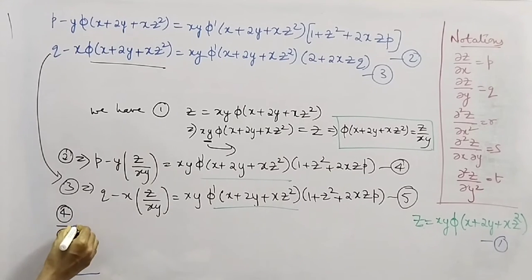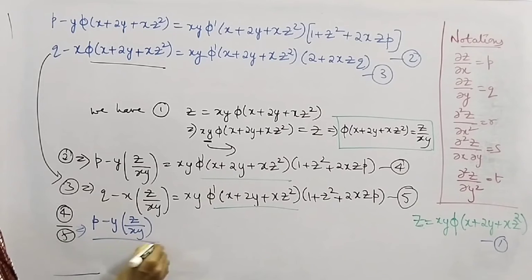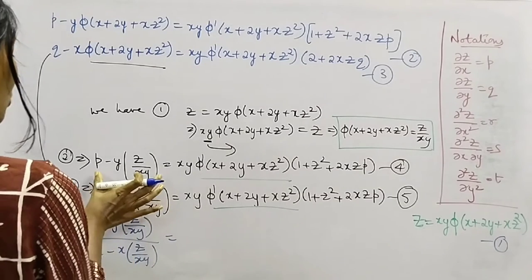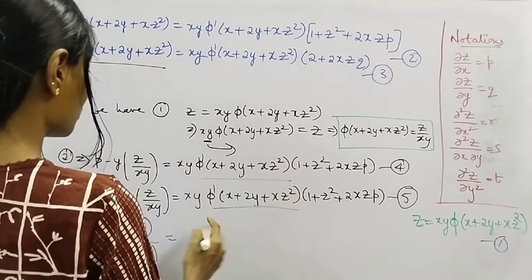This gives us (p minus y of z by xy) by (q minus x into z by xy) equal to LHS of 4 by LHS of 5 equal to RHS of 4 by RHS of 5.